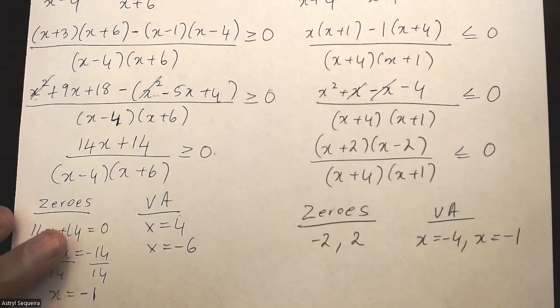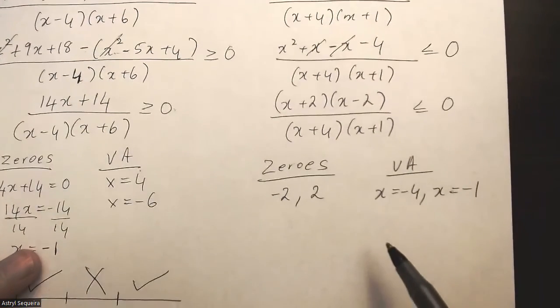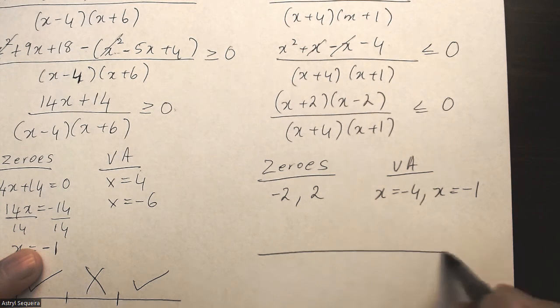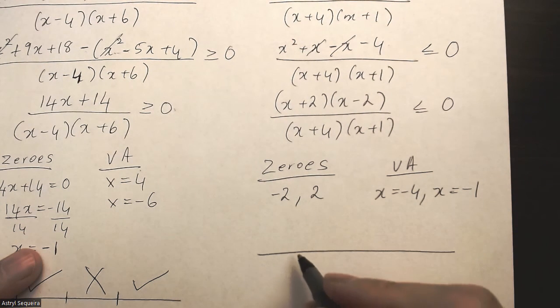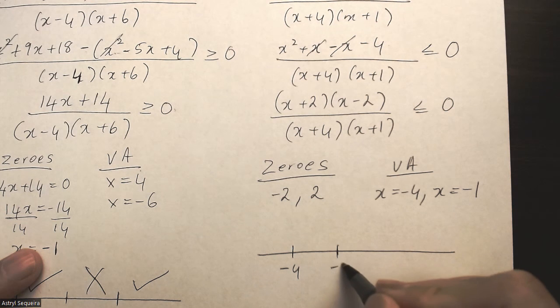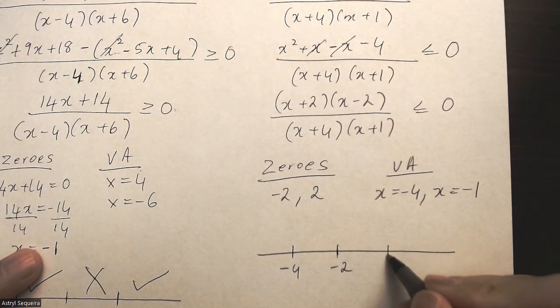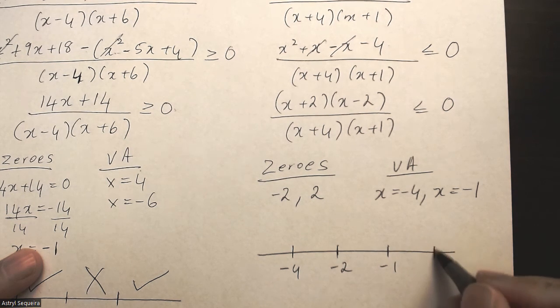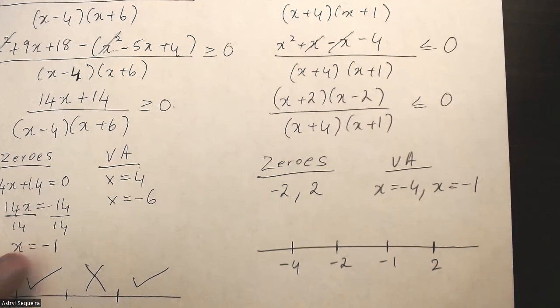Now we can just do our number line and test out all our intervals. -4 is the lowest, followed by -2, followed by -1, followed by +2. So 5 intervals to test in this question.